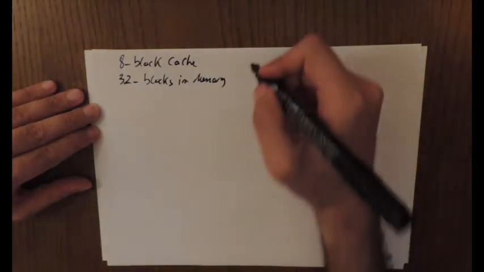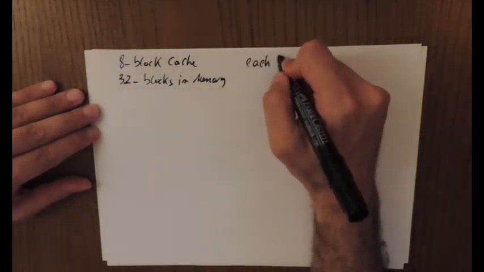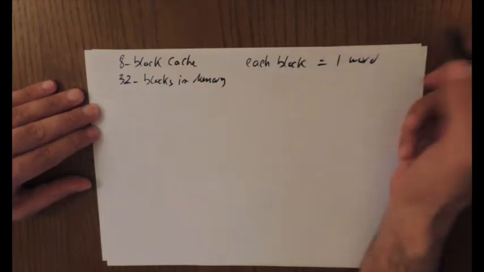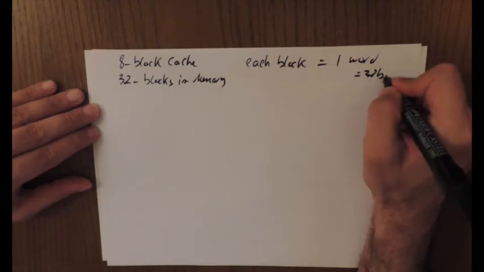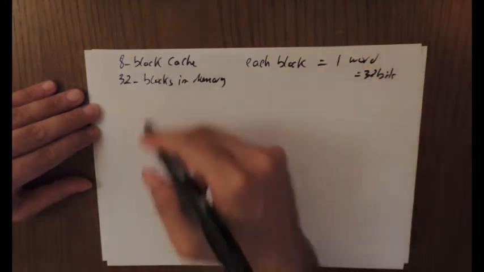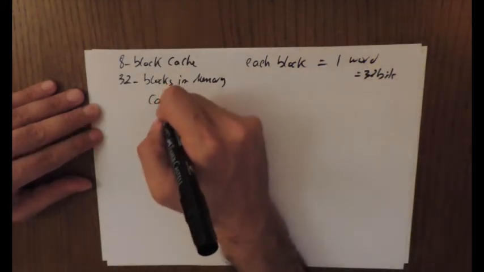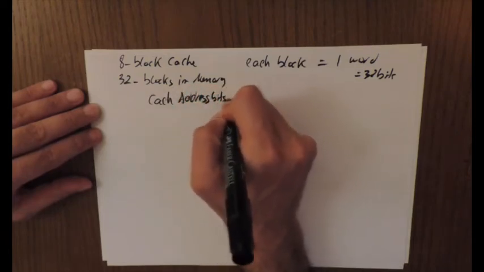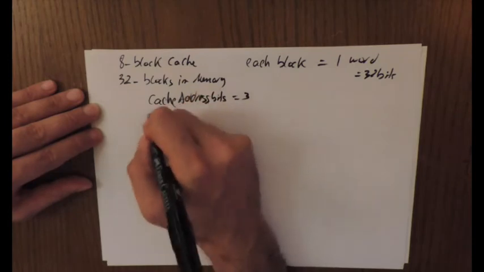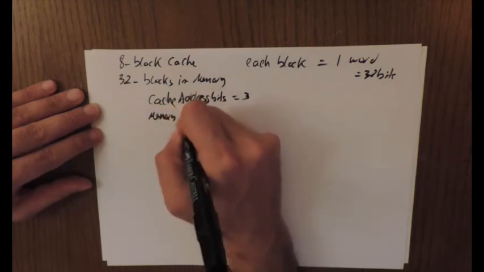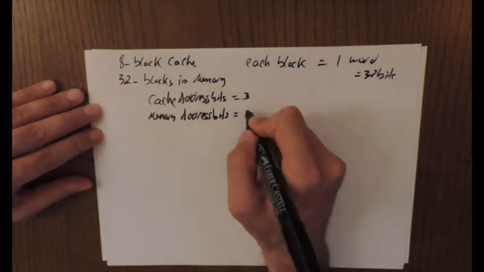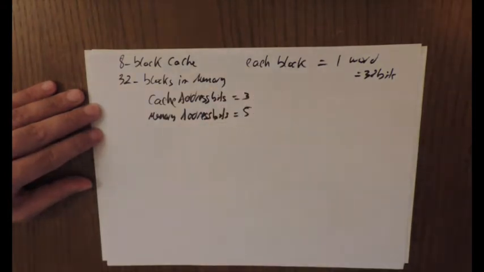Let's say each block has one word. The word can be equal to 32 bits. However, the addresses: cache address bits is equal to 3, memory address bits is equal to 5, since we have just 32.